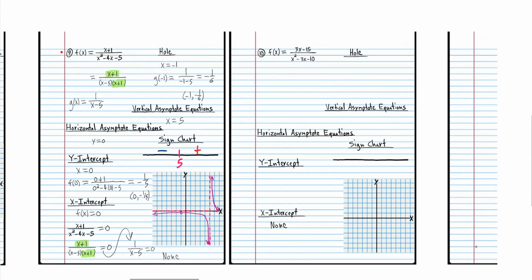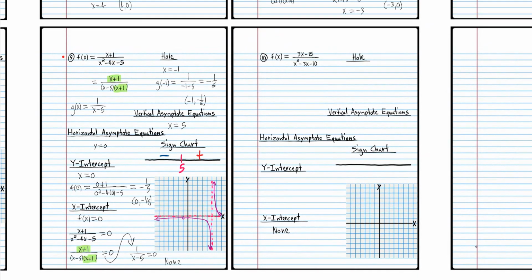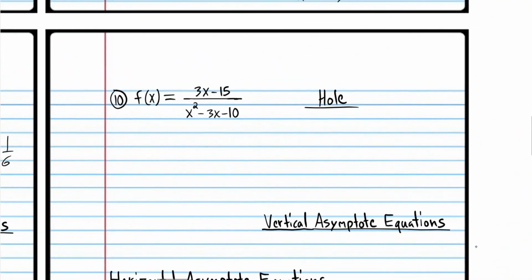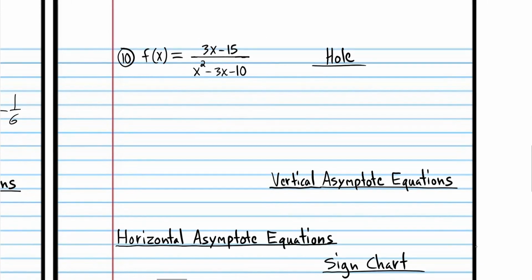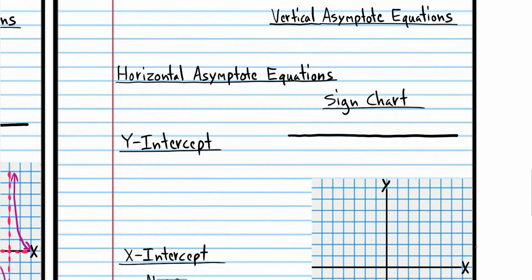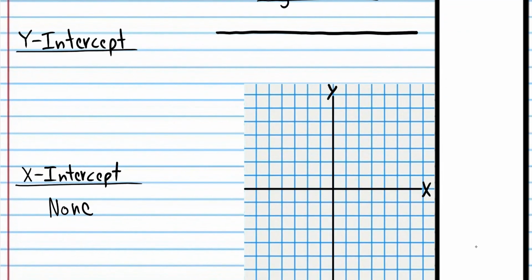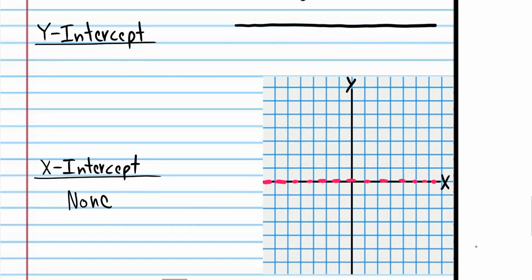Okay, so let's try number 10. So the fraction is in proper form. So our theorem tells us that there is a horizontal asymptote on the x-axis.